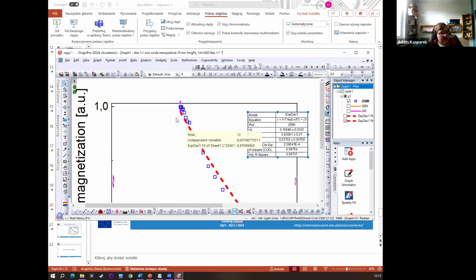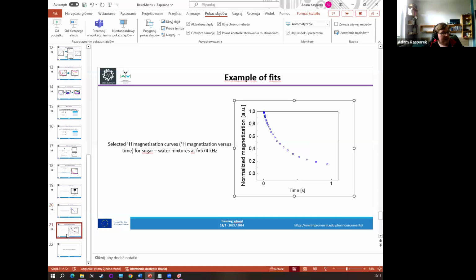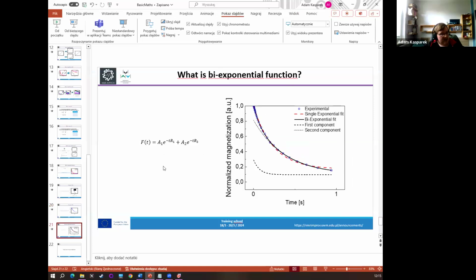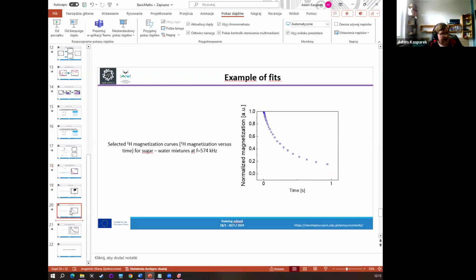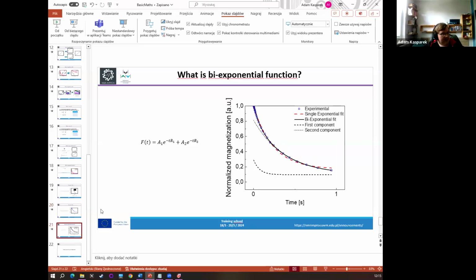So the fit actually has a clearly different shape. This is because in this case it is not one single exponential, but a so-called bi-exponential function.